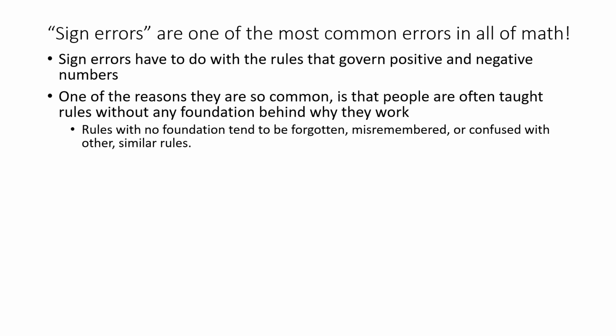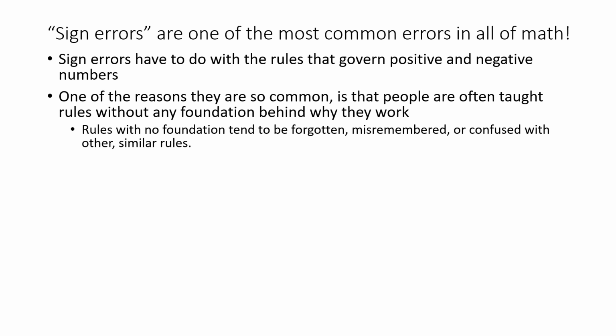One of the reasons sign errors are so common is that people are often taught rules without any foundation behind why they work. And you might have had that experience in your own math classes where a teacher just gave you a set of rules to follow, such as if you add two negatives, the answer is negative, which we will find might get confused with the rules for multiplication.